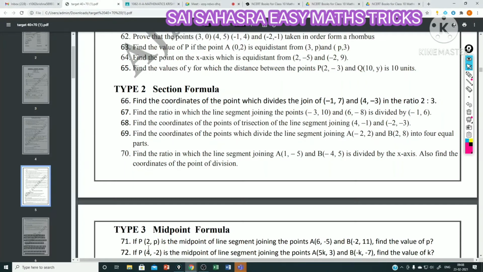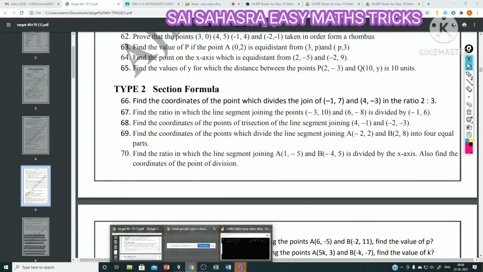See, the word is there, no? Join of. So joining of these 2 points, this point is dividing. So this point we need to find. A is given, this is B, and the ratio is given as 2 is to 3. Understood? Clear everyone how to identify A and B?